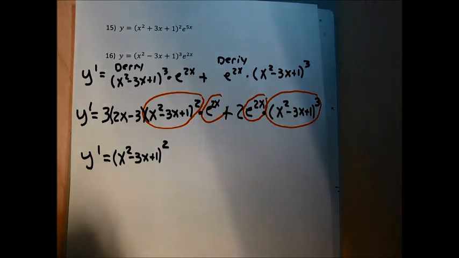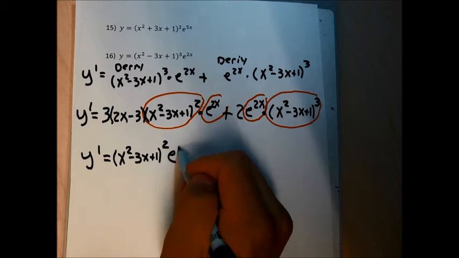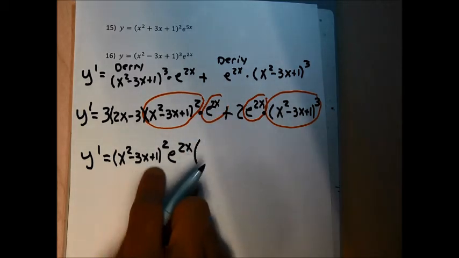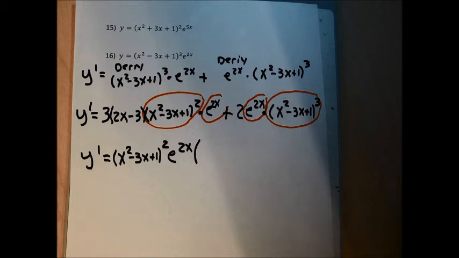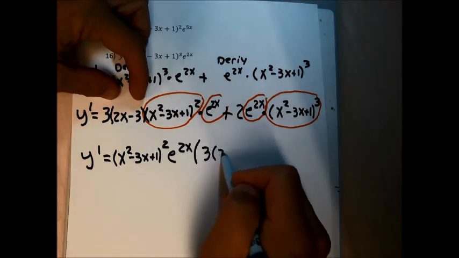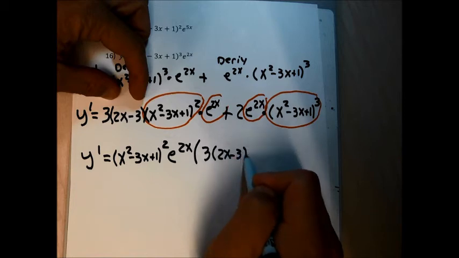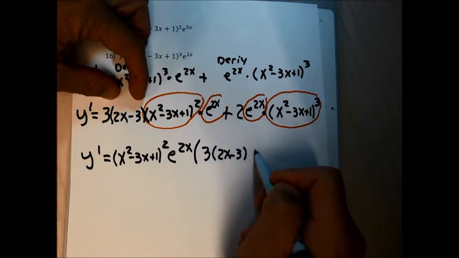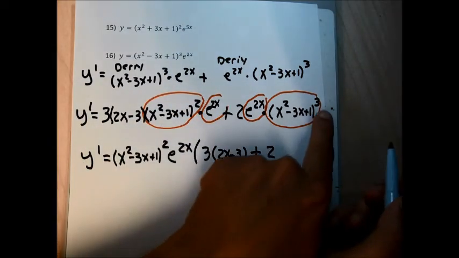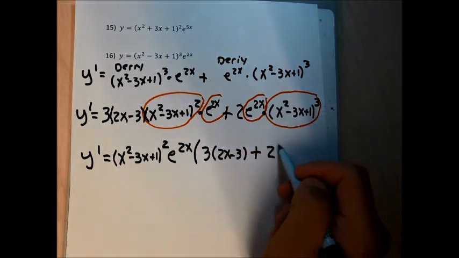That's going to be the rest of my common factor. So the common factor is going to be the x squared minus 3x plus 1 squared times e to the 2x. I'm left with all of this, 3 times 2x minus 3 from the first factor. Bring down my plus sign. From here, I still have that 2, but I took out 2 of those, so I'm only left with 1 of those.